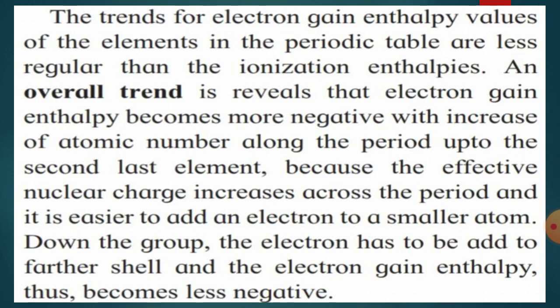Why? Because the effective nuclear charge increases across the period. Across the period, the quantum number is the same, the nuclear charge increases, and it is easier to add an electron to a smaller atom.